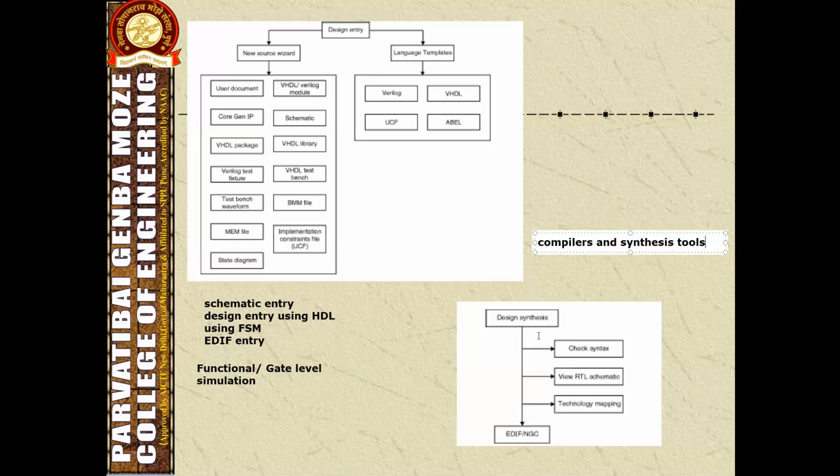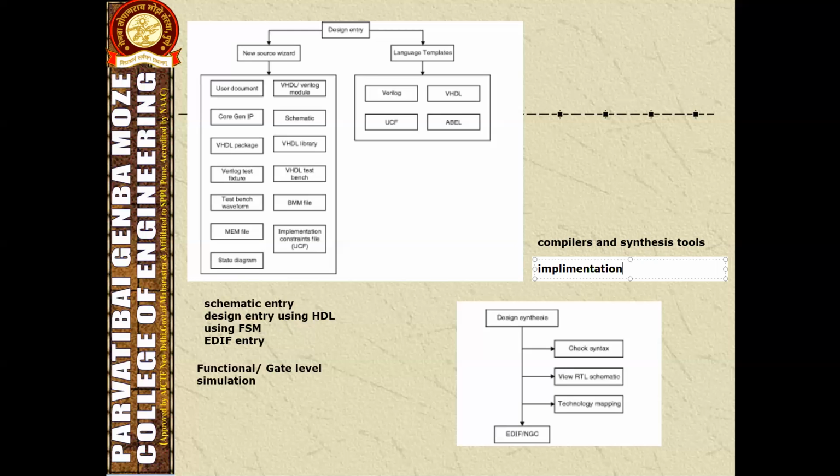So after that, we have to see the implementation. In this step, the design is implemented on the device. A library containing the design unit in which a given component is declared is called a target cell library.